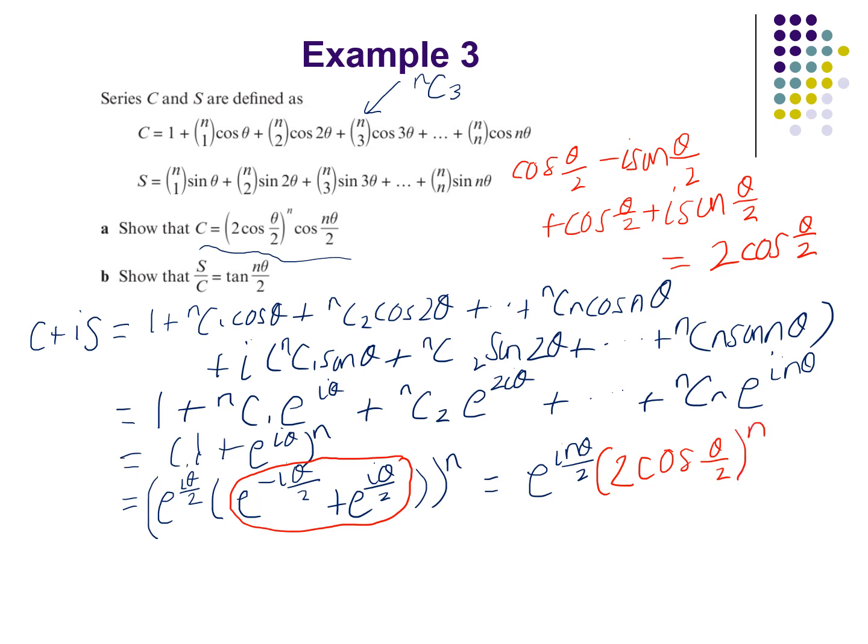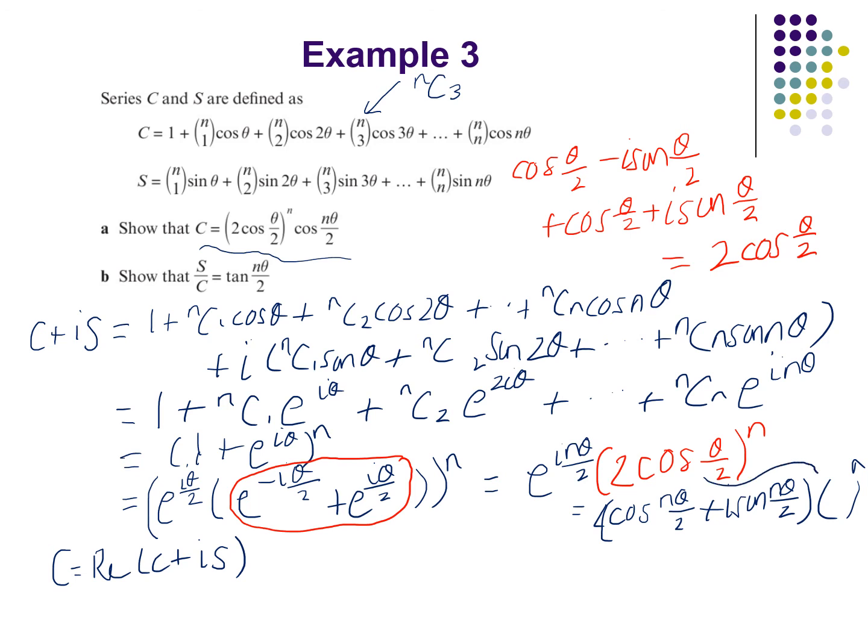Now is where I need to pick out the C bit. C, remember, is the real part of the C plus IS. To pick out the real part, I have to write my e to the I n theta over 2 as cos n theta over 2 plus I sine n theta over 2, times that bracket.